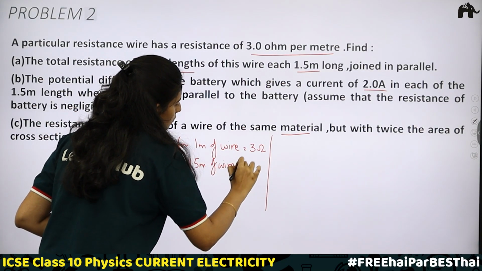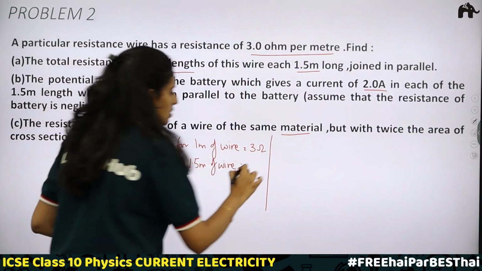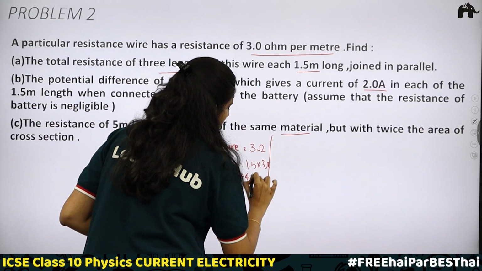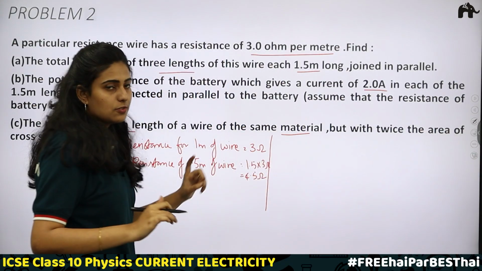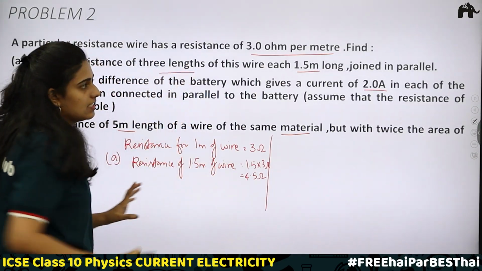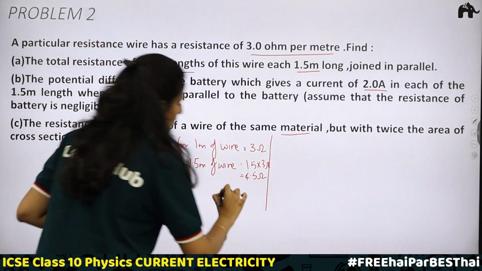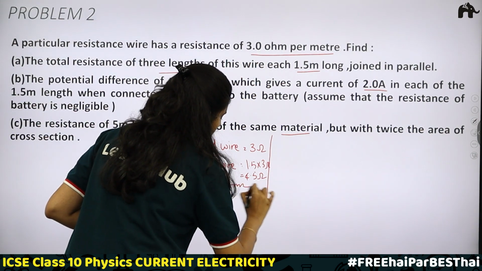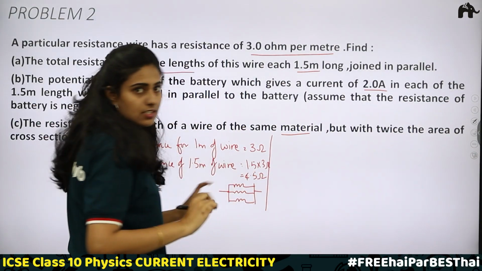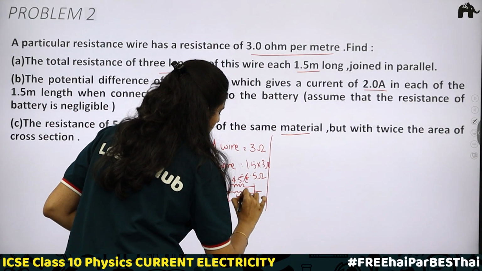If 1 meter of wire is 3 ohm, then for 1.5 meter of wire, it will be 1.5 into 3 ohm, which is 4.5 ohm. So 3 lengths of 4.5 ohm are joined in parallel: first, second, third, each of 4.5 ohm.